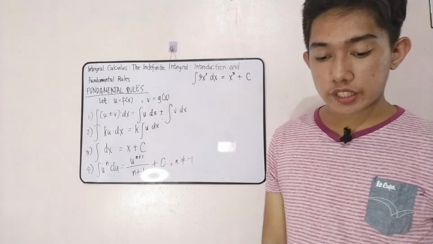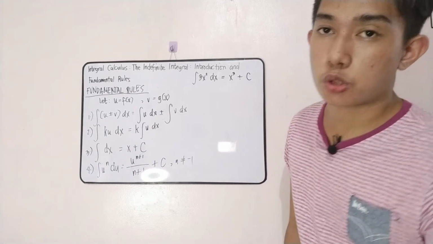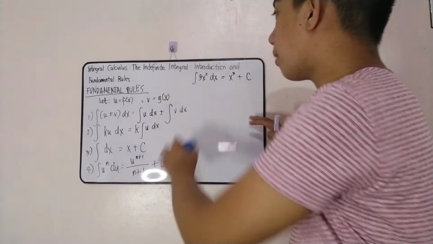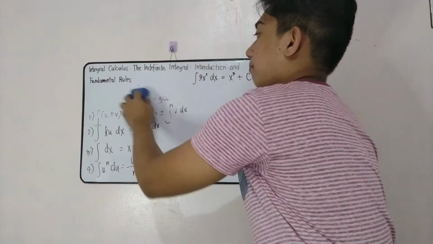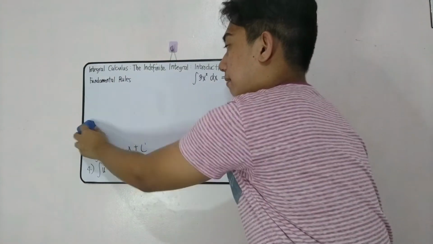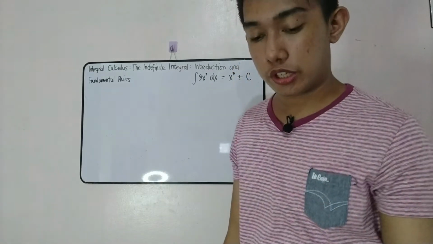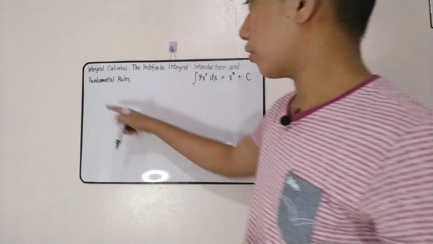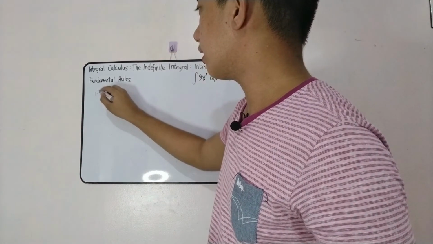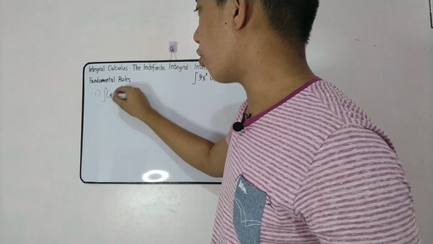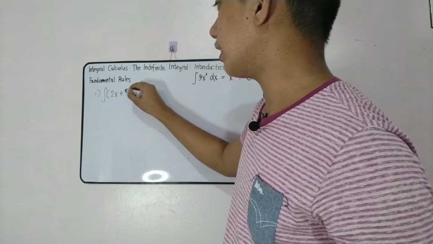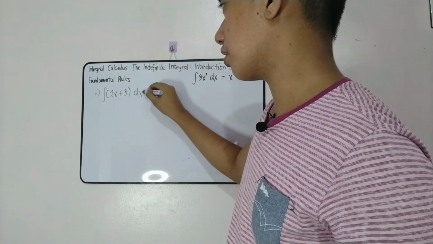So, that's our rules. To further understand the rules, let us try to solve some problems. Okay? I'll just erase muna ha. Sana po nakopya niyo yung rules. So, for the first one, let's say the integration of 2x plus 3 with respect to x.